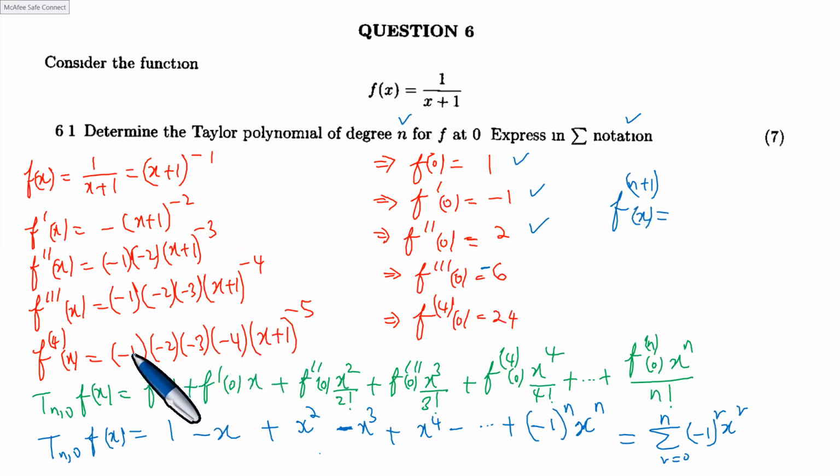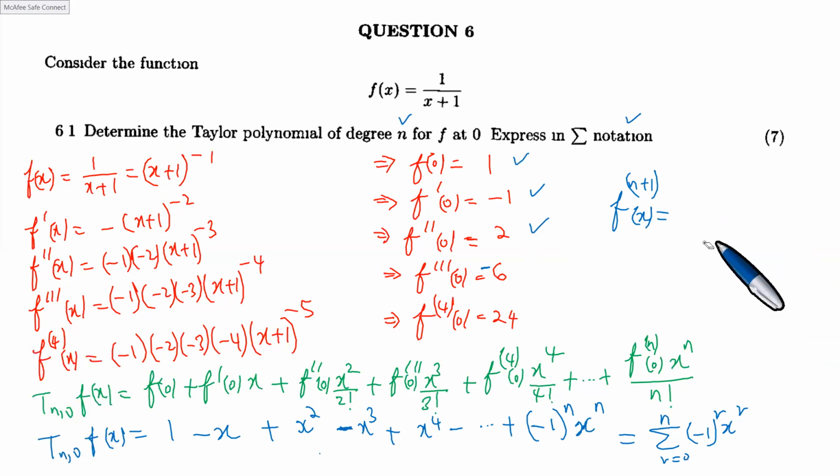So you need to look at these here, 1, 2, 3, 4. So the (n+1)th, this. Then we have minus 1 to the power n. Too congested. Let me create a little bit of space here.